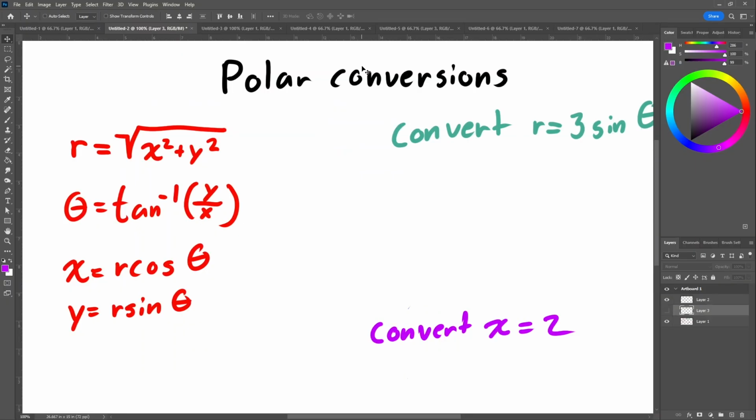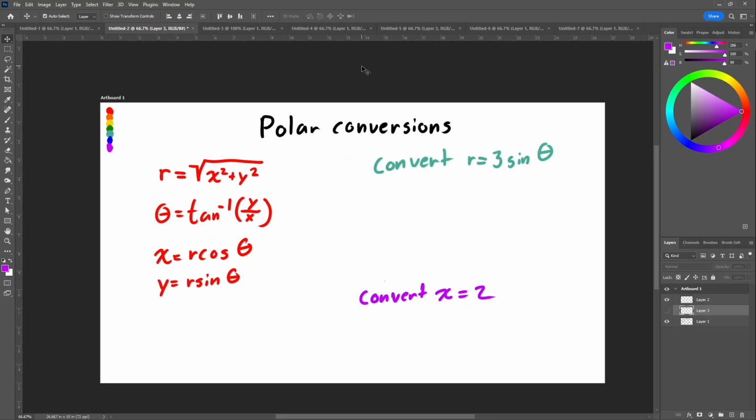So the first thing that we're going to do is polar conversion. Since we know that a polar point can be graphed as r comma theta, we're going to want to convert r comma theta into x and y coordinates. In order to do that, we have these conversions on the left. r is equal to the square root of x squared plus y squared.